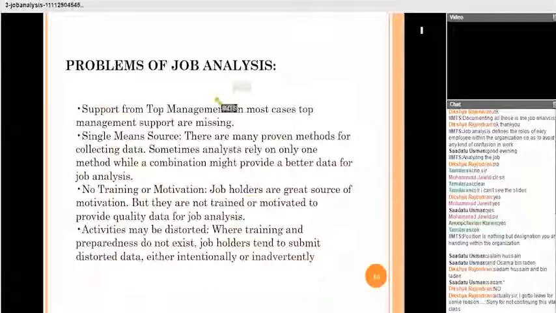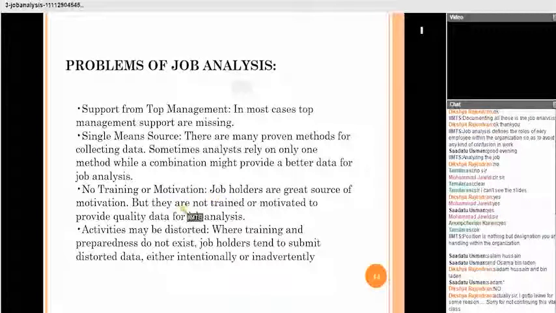Then what are the problems of job analysis? Support from top management. In most cases, top management support is missing. Single source. There are many proven methods for collecting data. Sometimes analysts rely on only one method, while a combination might provide better data for job analysis. No training or motivation.